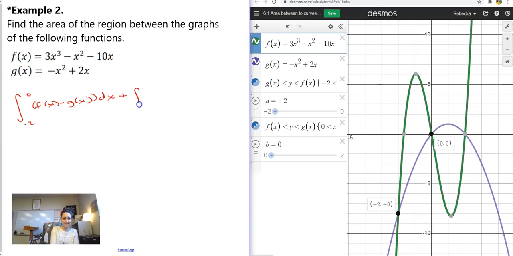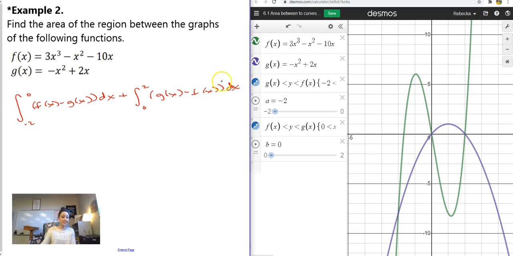Then I want to add the integral from x equals 0 to x equals 2. And notice for that second piece, I have purple, when I do top minus bottom, I have purple minus green. So that's g of x minus f of x dx. Okay, it's calculator active, so make the calculator do the rest.